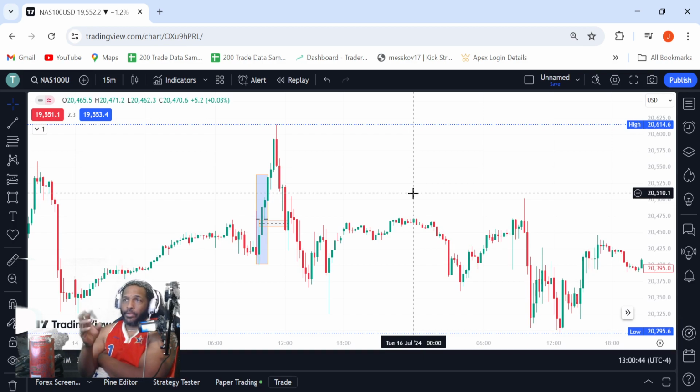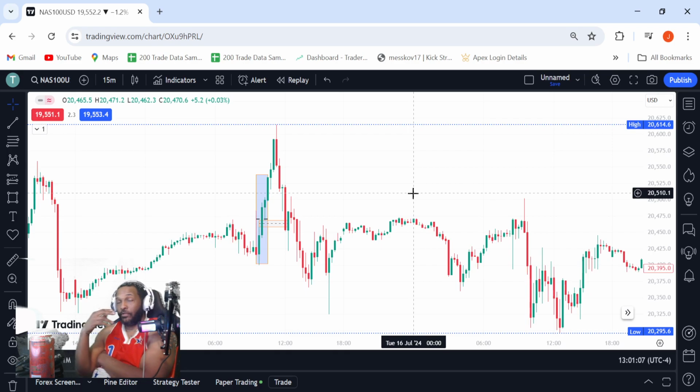But whenever you see initial balance run to one side and then it clears the other side, you can look at that and consider it a form of a Judas swing. I'm not telling you to look at it that way, but you can look at it as the invalidation of that initial balance.